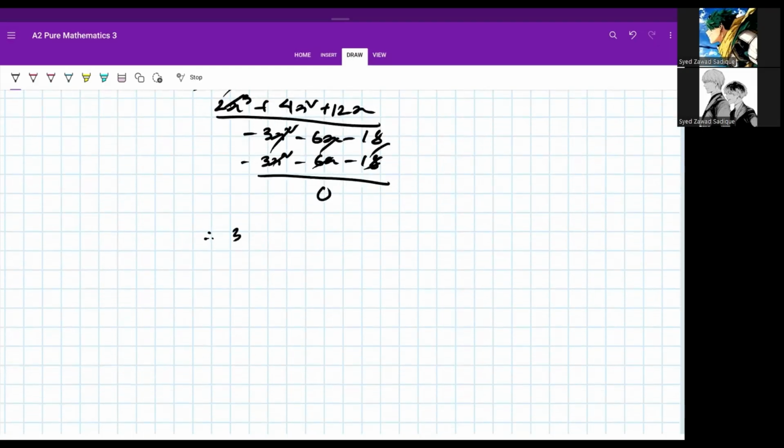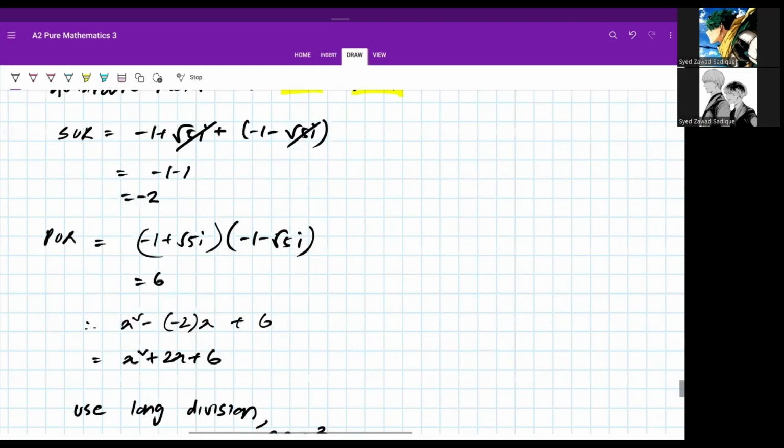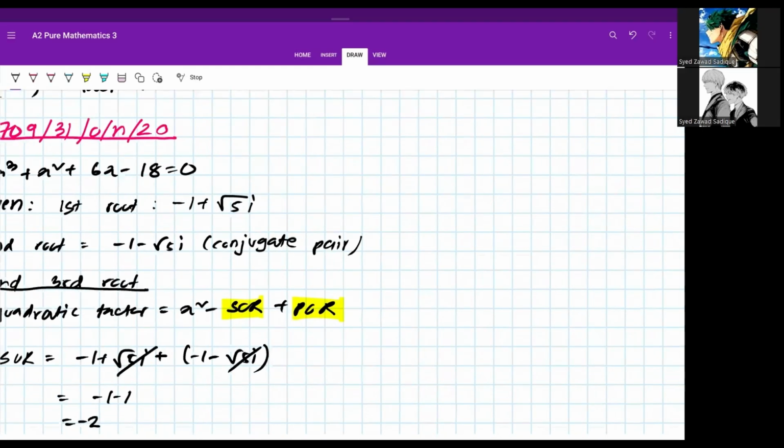Therefore, 2x minus 3 is the factor, so the third root is 3 over 2.